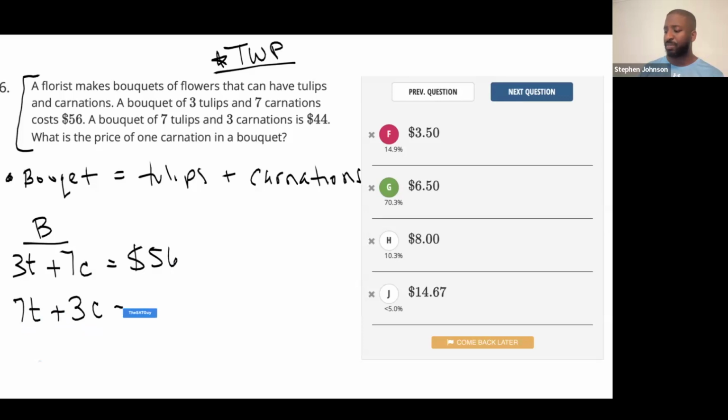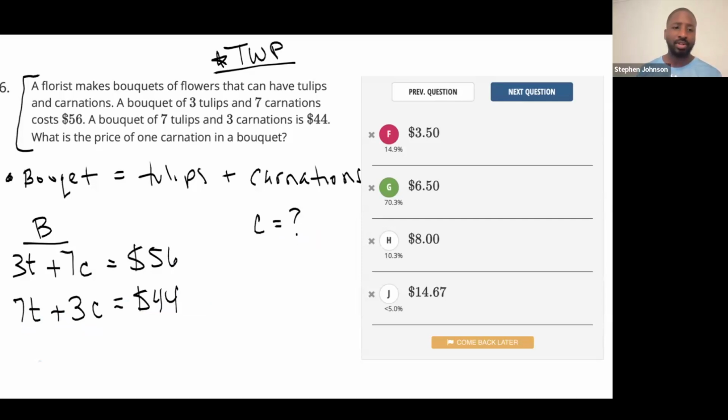So you can see that just by translating these sentences, we end up with a system of equations, right? We have 3T plus 7C equals 56, and we have 7T plus 3C equals 44. The question goes on to ask, what is the price of 1 carnation in a bouquet? So I'm going to just write down C equals question mark. That's what we're trying to find.